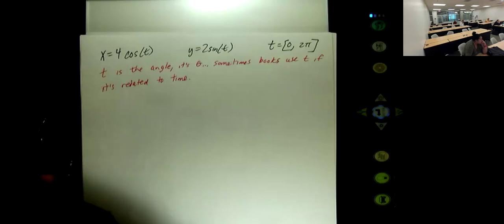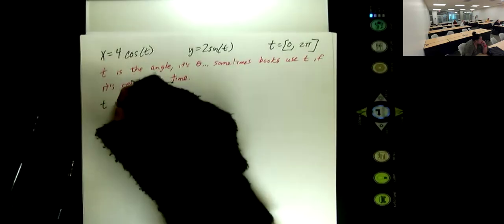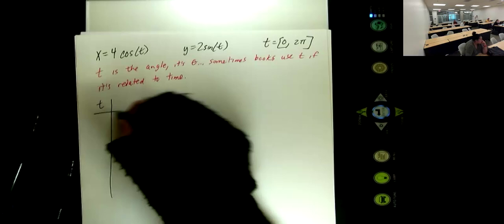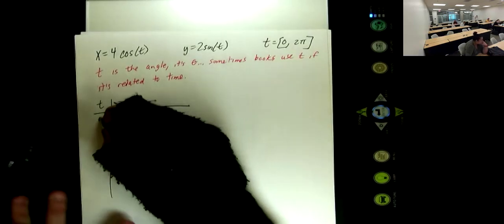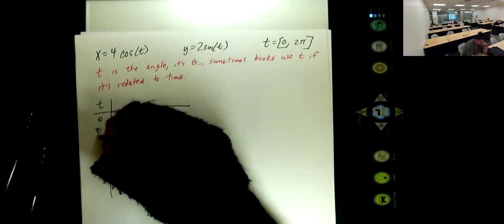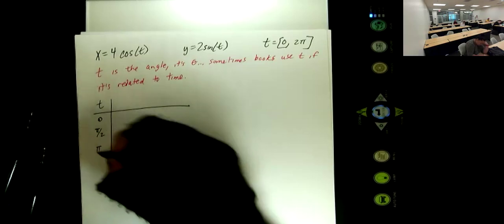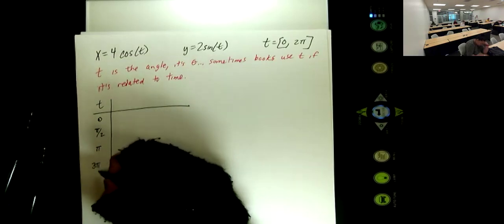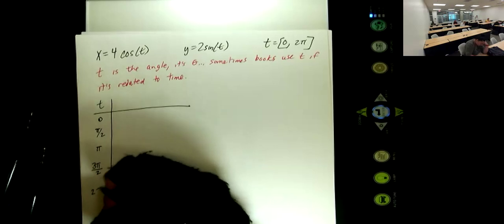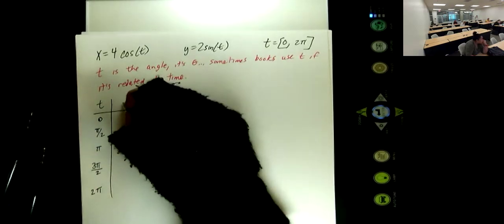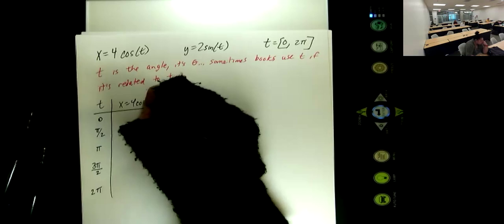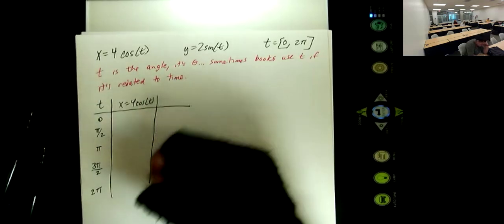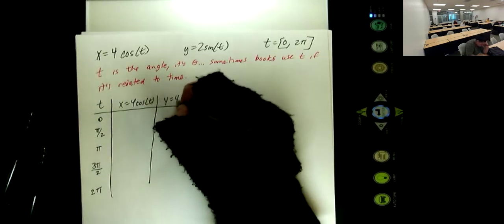So let's make a little table. I'm going to do, let's do increments of pi over 2. If I need more points, I will. Nope, that's not 4, that's a 2.